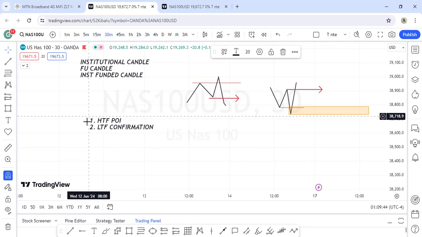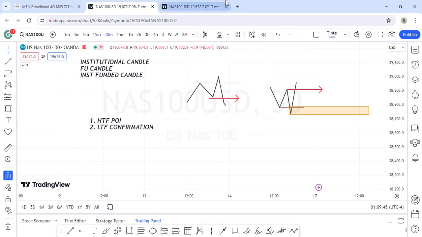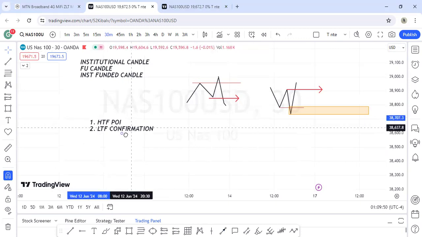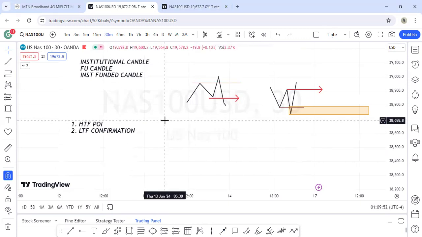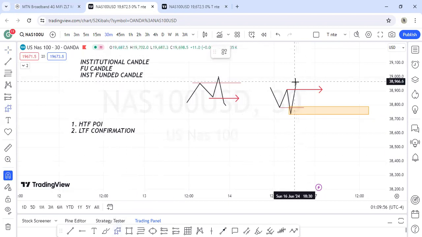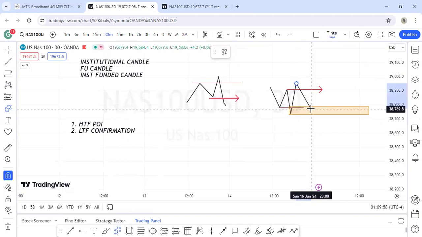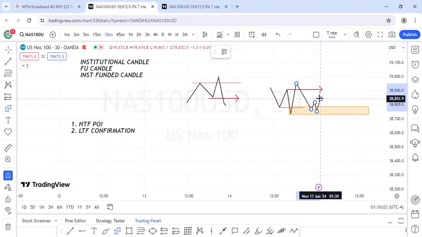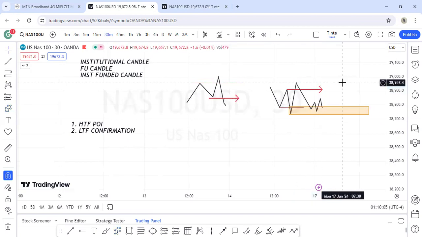So you can use this concept both as a higher time frame POI and as a lower time frame confirmation. When price comes back to that POI, in the same scenario, the market doing the same thing here becomes a lower time frame confirmation.